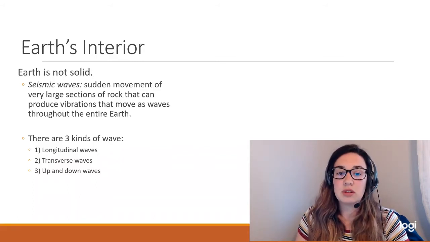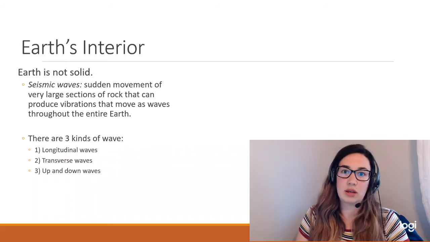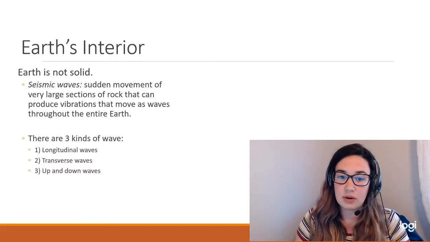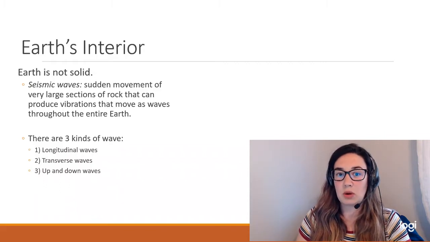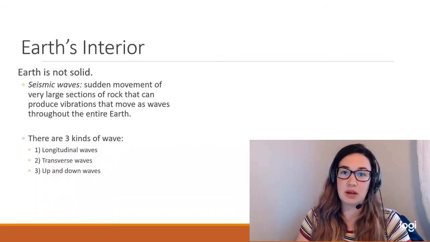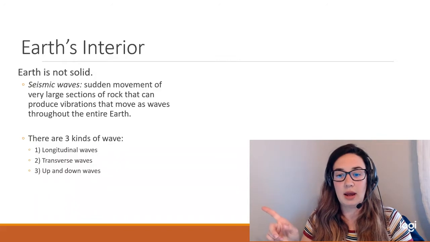So start thinking of a good example that you guys might see: earthquakes, right? So earthquakes happen and you can see sudden movement that's happening right on the Earth's crust here. But there are different types of seismic waves. There are actually 3 different types of wave here. And so they're listed here on my left.